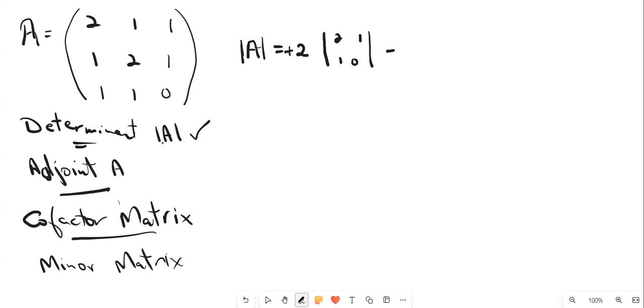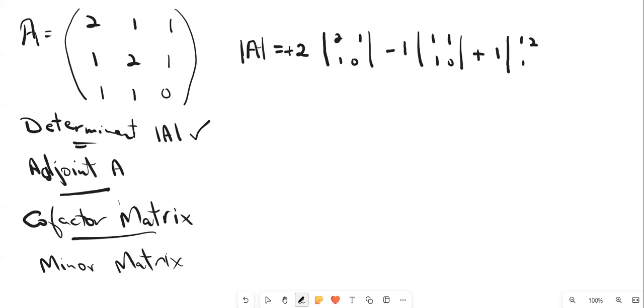And then you use the second number, now 1, you put 1 here, times, and again you cross off the row with the 1 and the column with the 1, and you're left with 1, 1, 1, 0, right? So you get 1, 1, 1, 0. And then plus again, take this last one here. Cross off the row with the 1 and the column with the 1, and you're left with 1, 2, 1, 1. So you put 1 here.